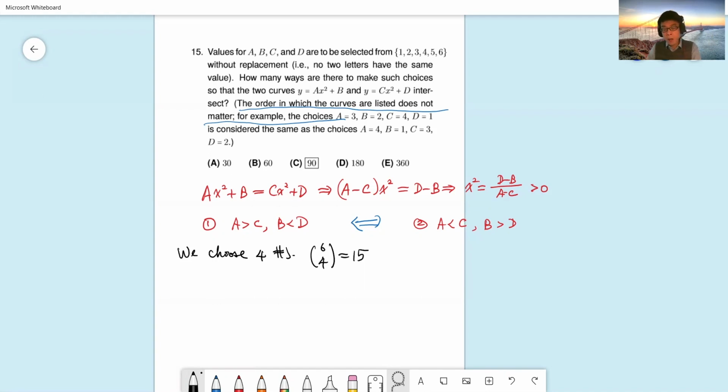We have 15 ways to choose 4 distinct numbers. Next, let's say the numbers are 1, 2, 3, 4. Now let's determine A and C.